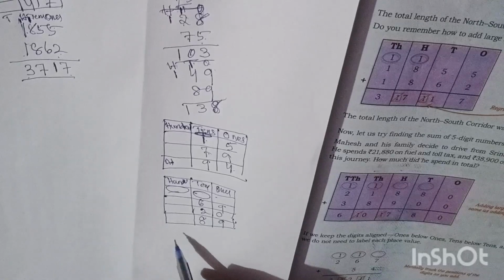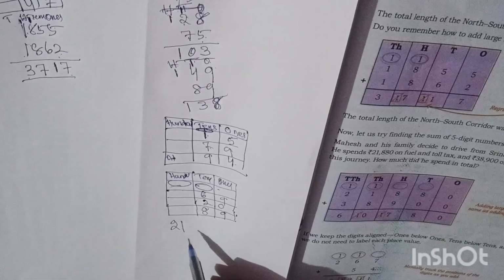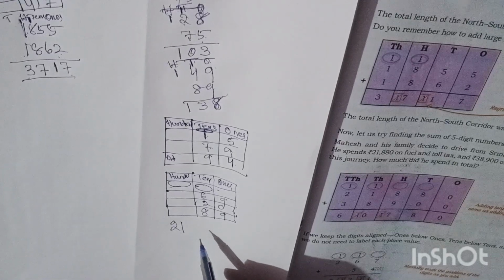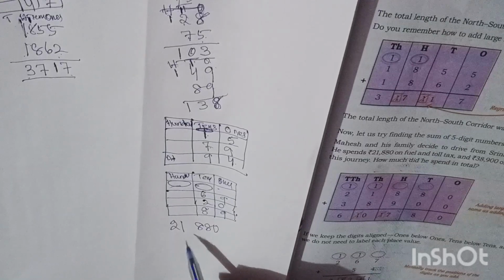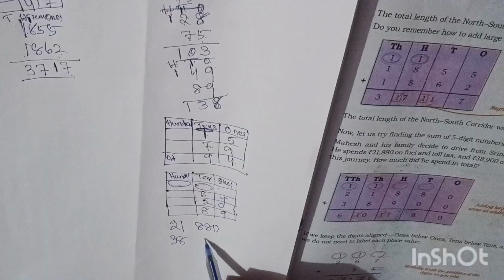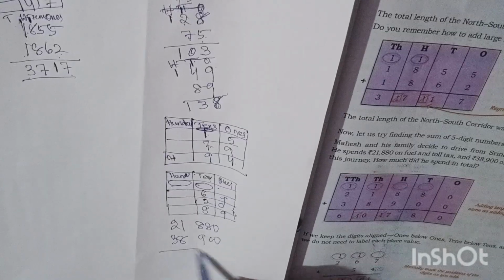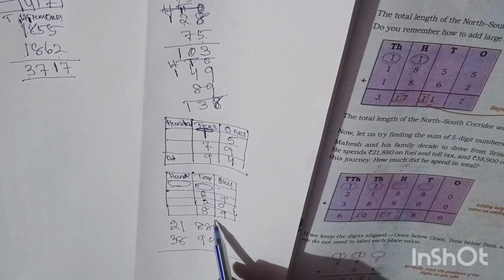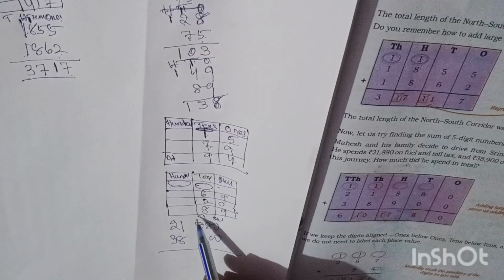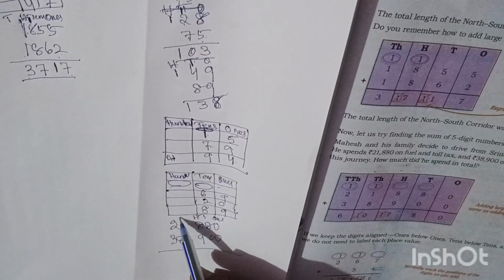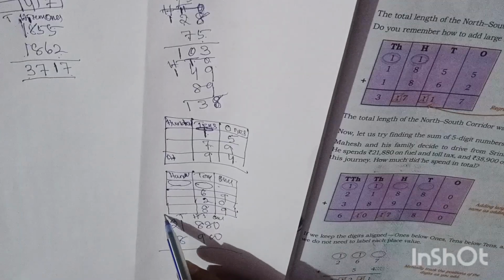One is 21,880. Second is 38,900. You add those two 5-digit numbers. First is the ones, second is tens, third is hundreds, fourth is thousands, fifth is 10,000.